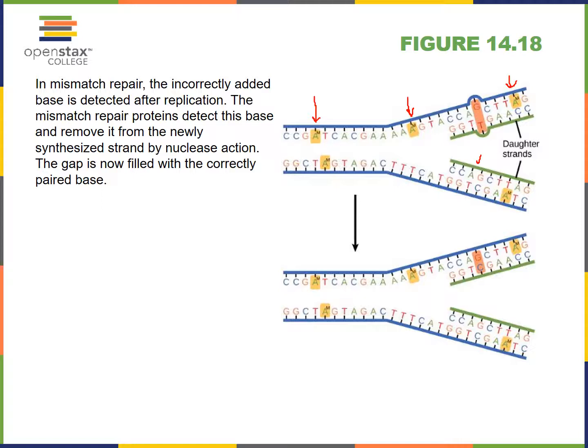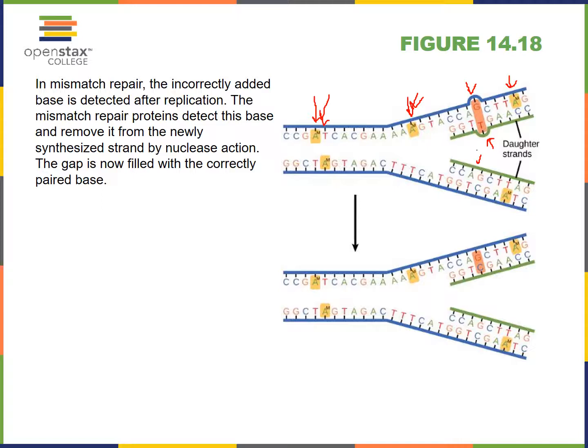And that tells it which side is correct. So if you have a mismatch, if these adenines weren't modified, you wouldn't be able to tell which base is wrong, whether the G was wrong or the T was wrong. But since these adenines are modified, the enzymes know which strand is correct.